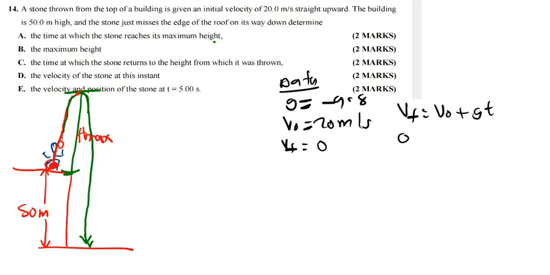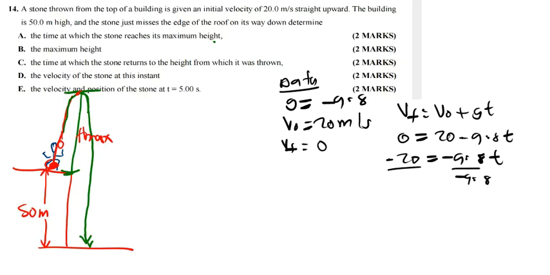So the final is 0, the initial is 20, so it will be negative 9.8 T. Shift 20 to the other side: negative 20 is equal to negative 9.8 times T. So we are dividing by 9.8. Then T at that point will be 20 divided by 9.8. What are you getting?